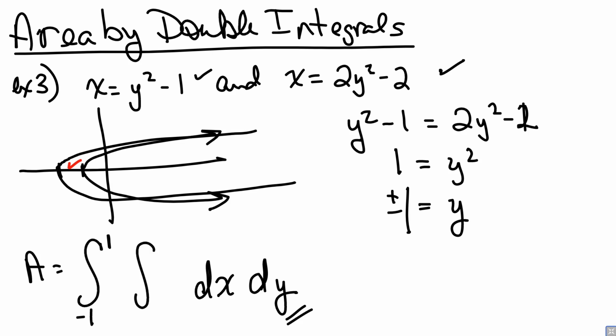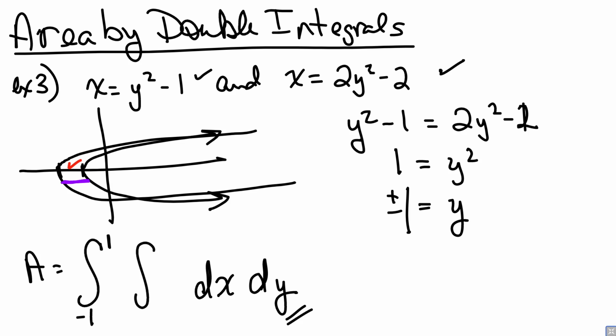Now, our values for x are going to be the function. So what I'm going to do is draw a horizontal line in the region. So here's my horizontal line. Now, we need to define what the lower limit's going to be and what the upper limit's going to be.